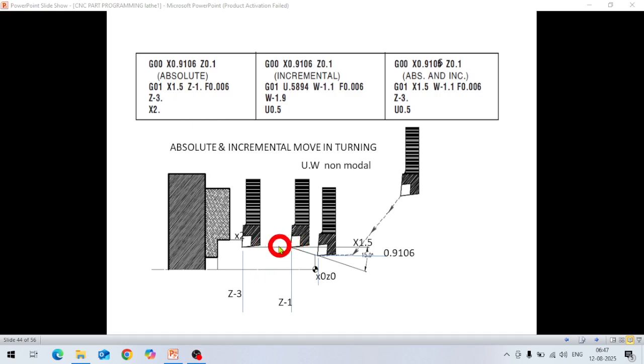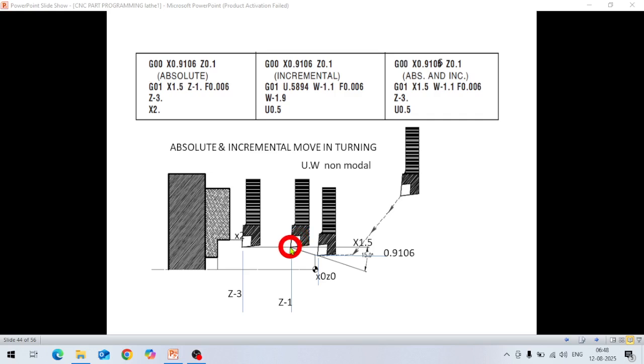So diameter is 1.5 and Z is minus 1. Then the feed is also given here, 0.006. So this is feed in inches. So this will come up to this point.